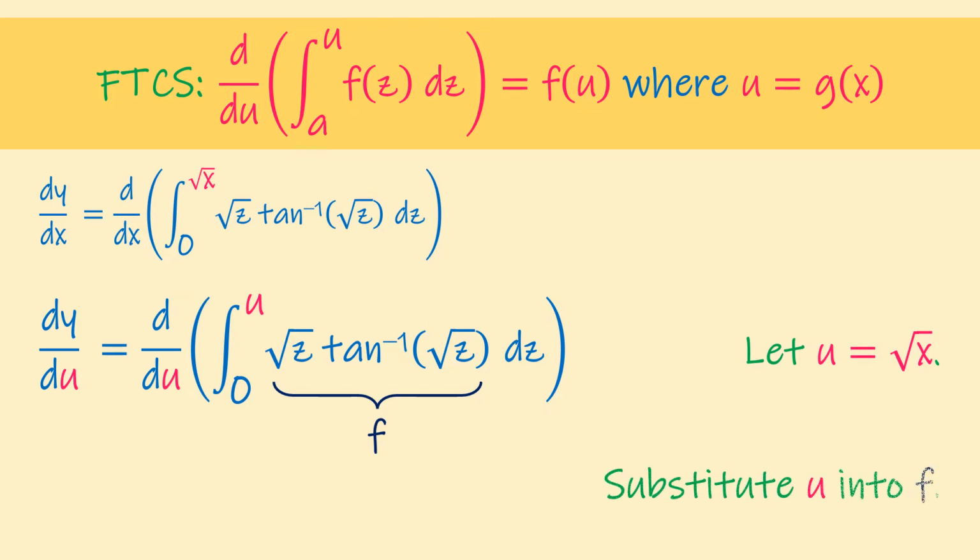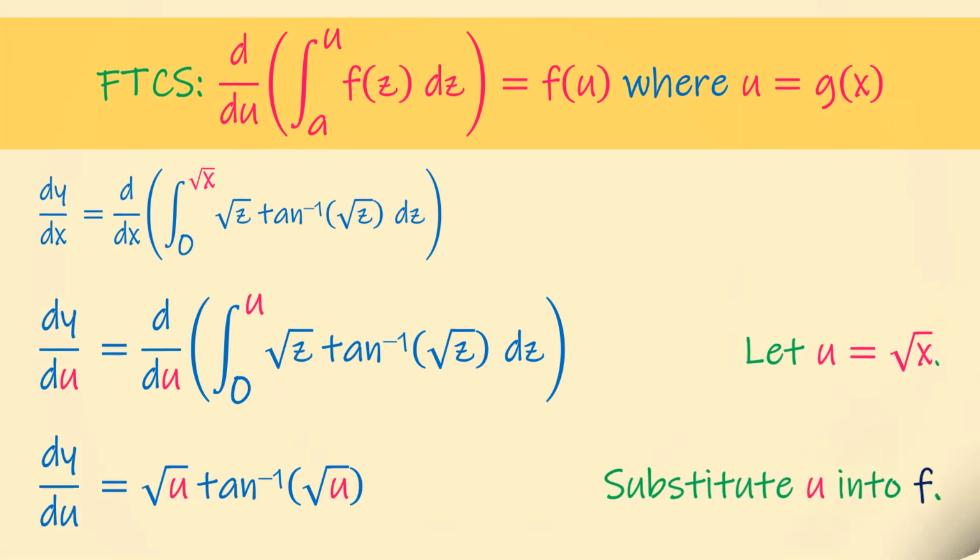Substitute u into f. The problem is now the derivative of y with respect to the new variable u. However, we are asked to find the derivative of y with respect to the original variable x.